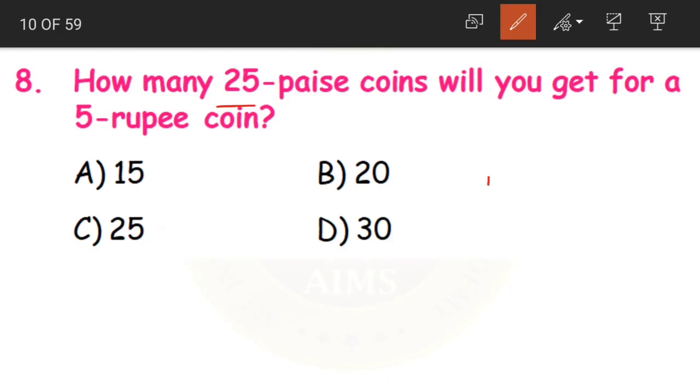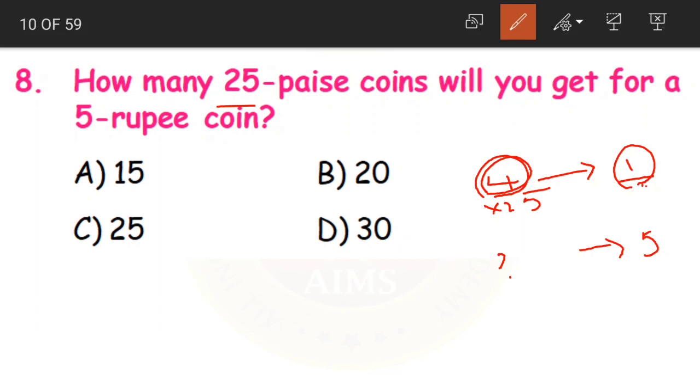We already know that 4 25 paise coins make 1 rupee. 4 of 25 paise coins make 1 rupee. Now how many 25 paise coins will make 5 rupees? So to find out this, what should we do? 4 into 5. Yes, 4 for 1 rupee into 5. That is the total number of rupees. Here we are having a 5 rupee coin.